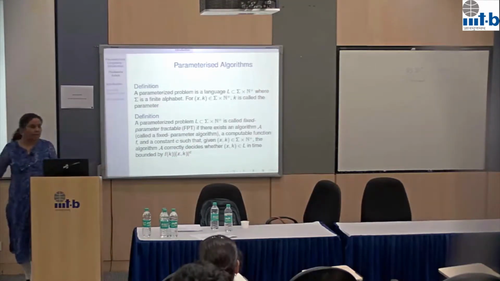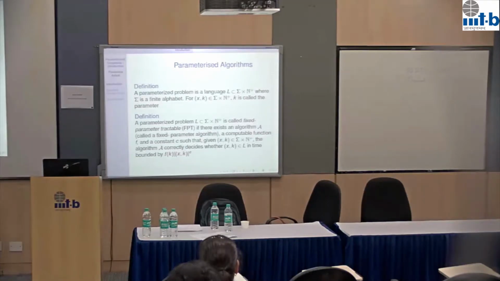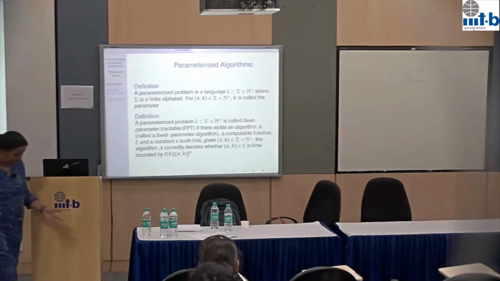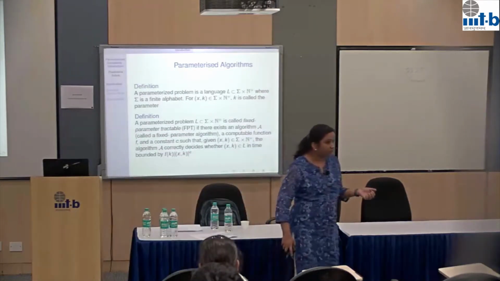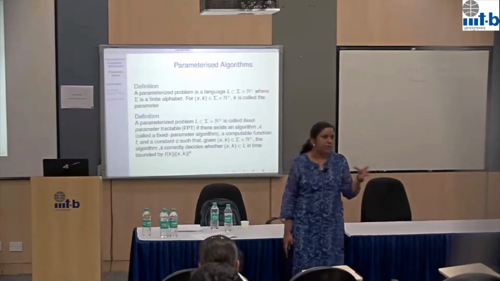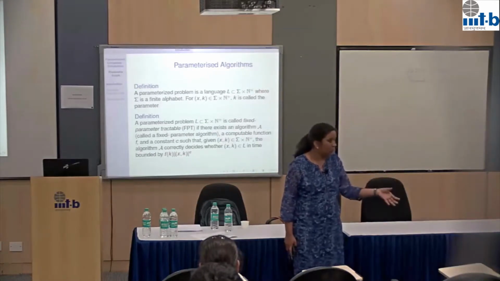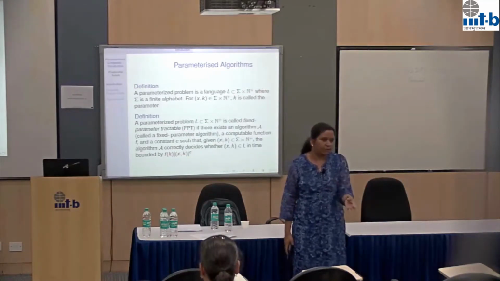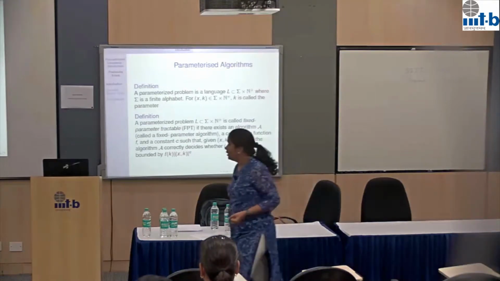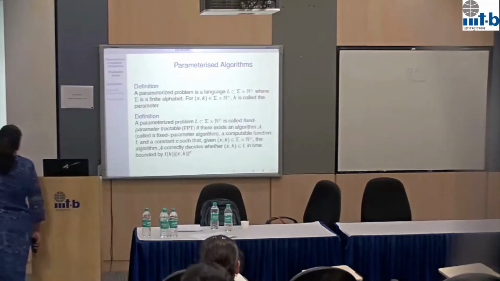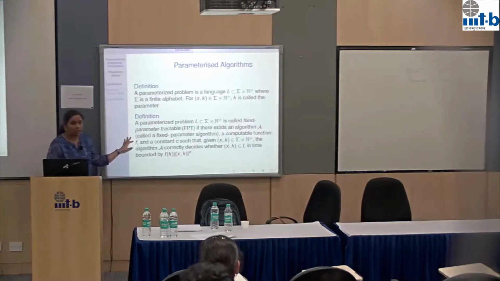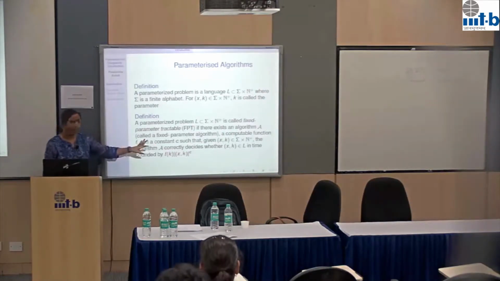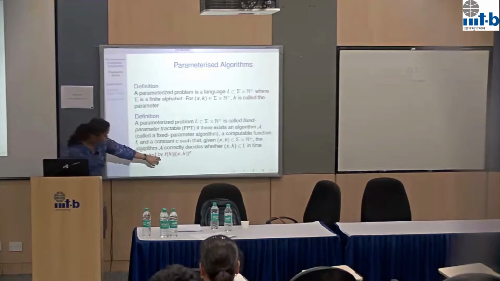So again I repeat. Here we have an input and a parameter. So we say that this is the problem parameterized by the given parameter k, and an algorithm for a parameterized problem is an FPT algorithm if it solves the problem exactly and in this running time.